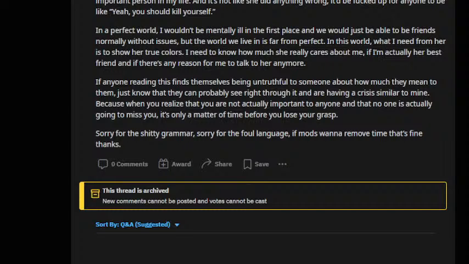If anyone reading this finds themselves being untruthful to someone about how much they mean to them, just know that they can probably see right through it and are having a crisis similar to mine. Because when you realize that you are not actually important to anyone, and that no one is actually going to miss you, it's only a matter of time before you lose your grasp.